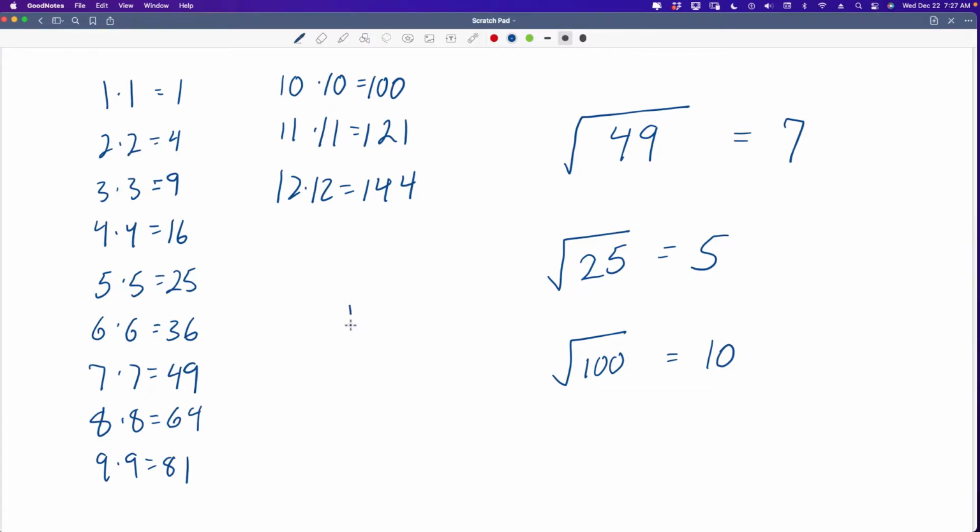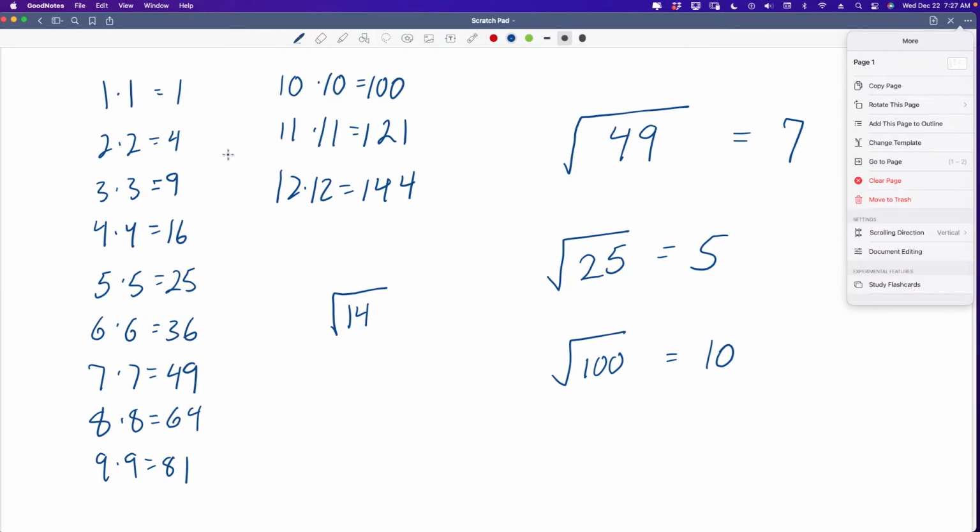Typically, if we have a number like this, it's not one of our perfect squares. As you can see, it's not in the list. Typically, we would leave it like this. We would not solve it. But in order for you to understand exactly what this is asking you, we are going to give you some examples and let you try to solve some with a calculator, because there's no way that you can solve this without a calculator. So let me clear this page for you.